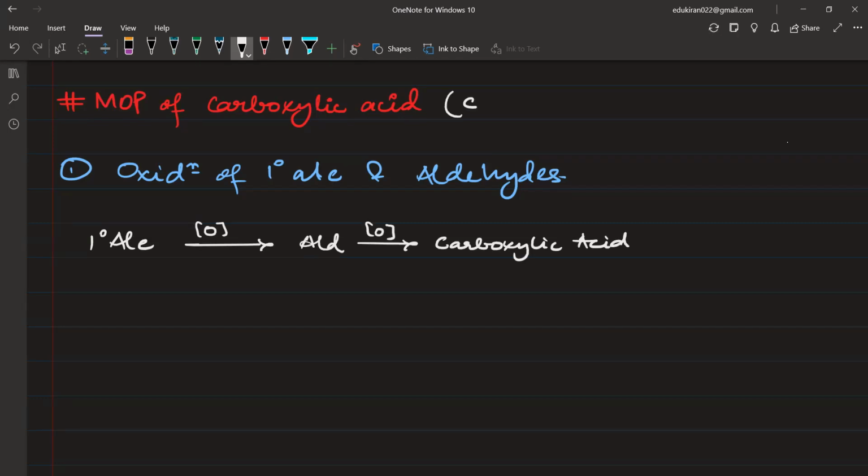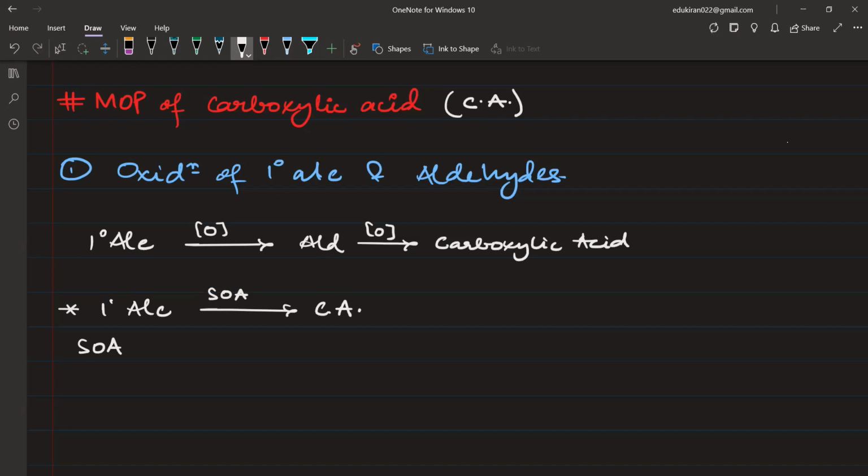Sometimes I will write carboxylic acid as CA. So that means 1 degree alcohol directly to carboxylic acid uses a strong oxidizing agent.